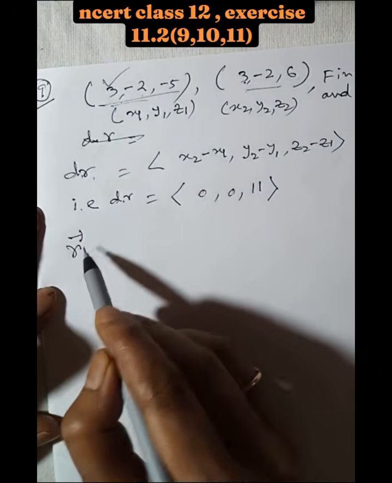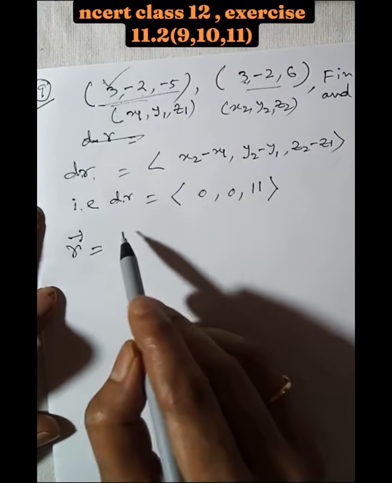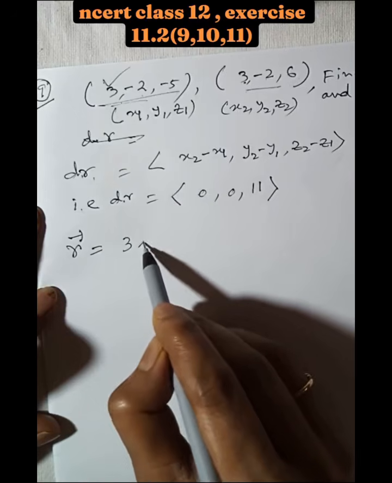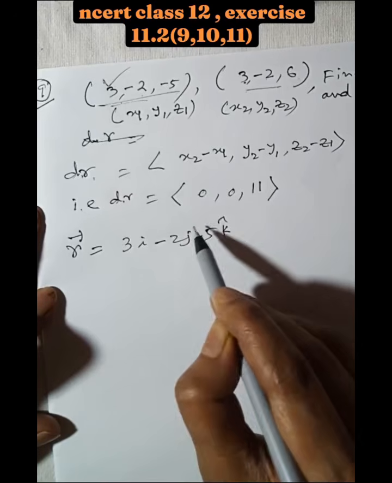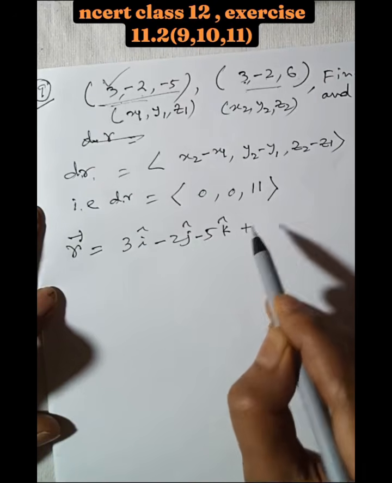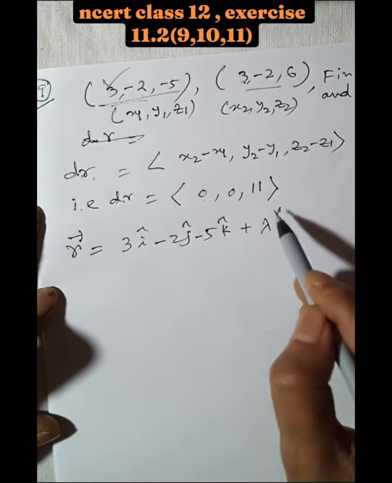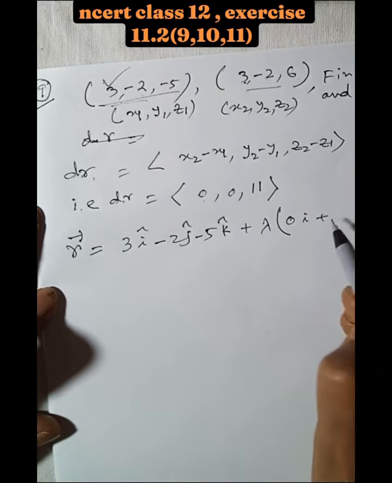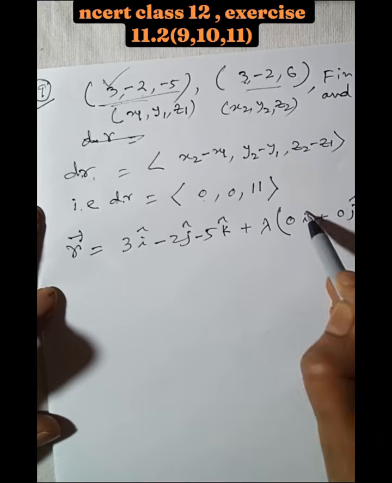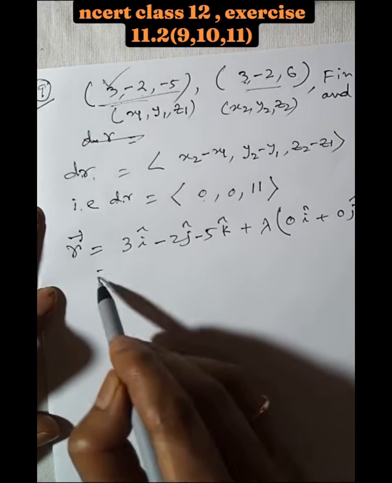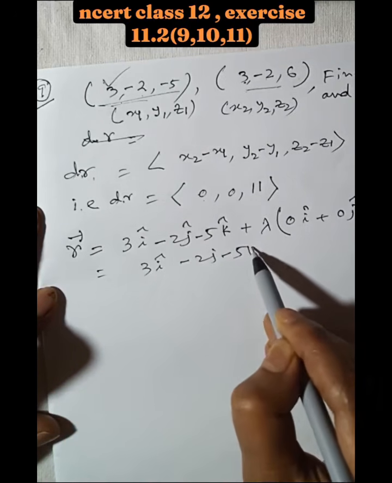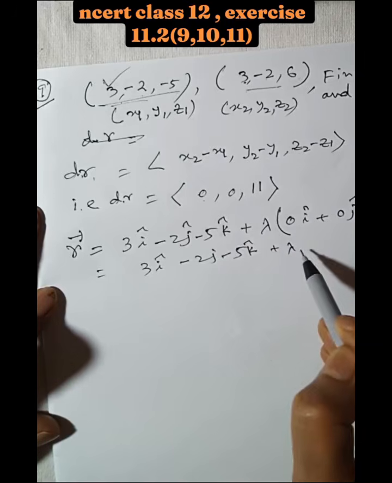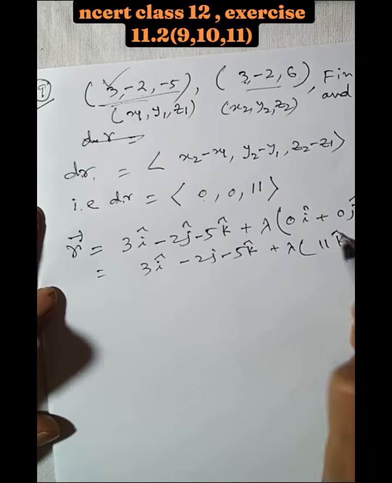Therefore the equation of the line is r = 3i minus 2j minus 5k plus lambda into (0i + 0j + 11k), that is 3i minus 2j minus 5k plus lambda into 11k.